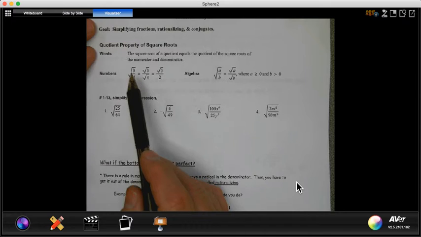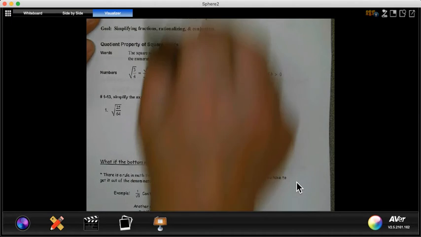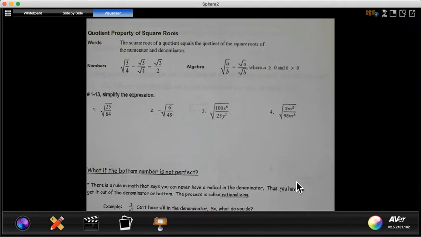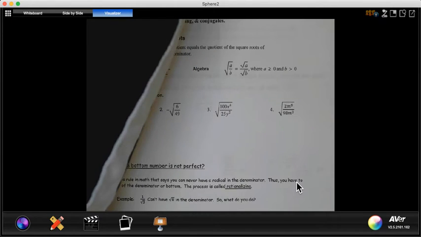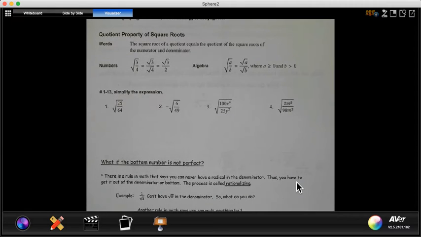So you can take a fraction and just square root the top and then square root the bottom. Let me zoom in a little bit. So you can square root the top and then you can square root the bottom. Okay? Okay, so let's get started right away.